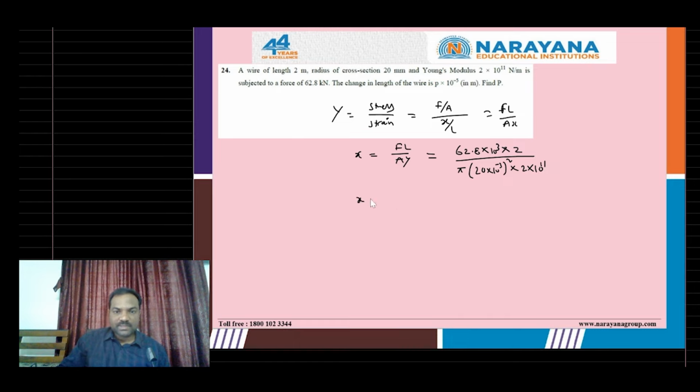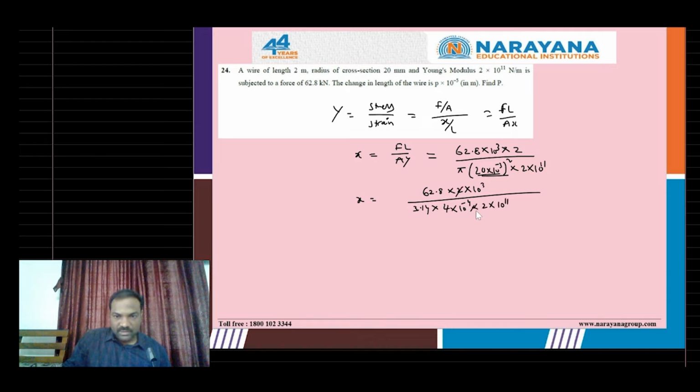So x is equal to 62.8 multiplied with 2 into 10 cube. I'm writing as it is so that we can see how many numbers will cancel out. This is 3.14 multiplied with 20 into 10 power minus 2. Inside the bracket, 20 into 10 power minus 3 is 2 into 10 power minus 2. Then 4 into 10 power minus 4, multiplied with 2 into 10 power 11.